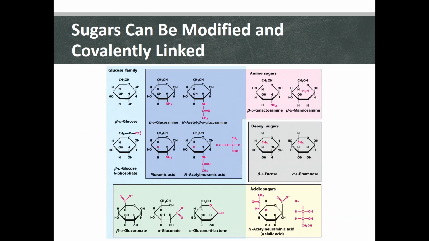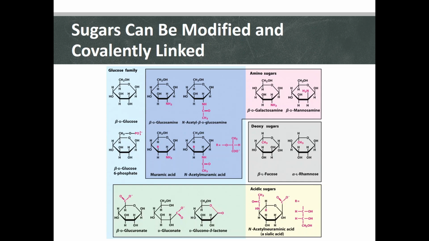In this final slide, we have a general representation of common modifications that are made to sugars, where, let's say we start with glucose, you can see the generation of amino sugars or deoxy sugars, acidic sugars. You can see phosphorylated sugars too.